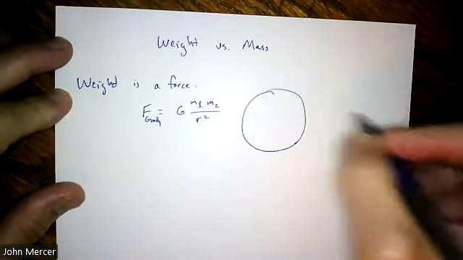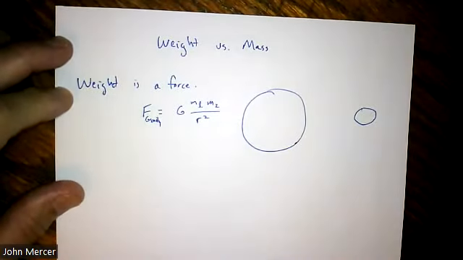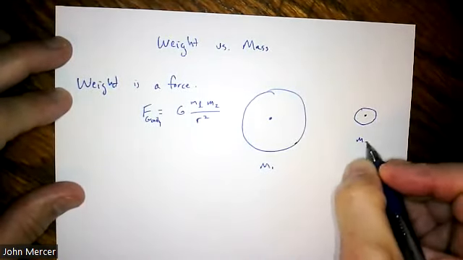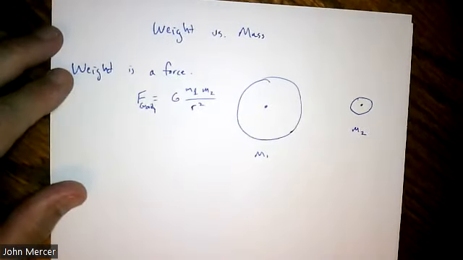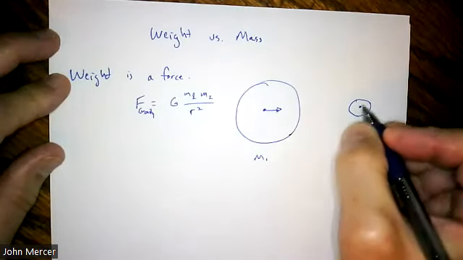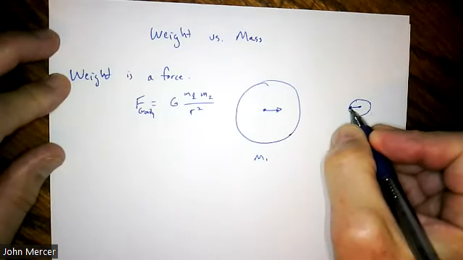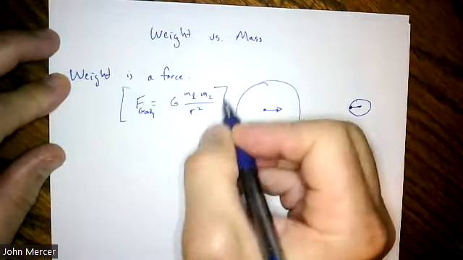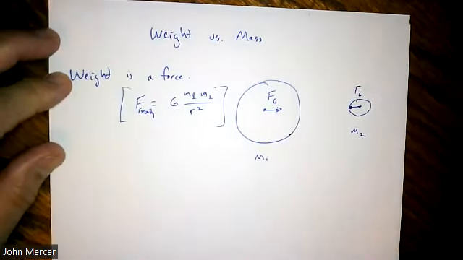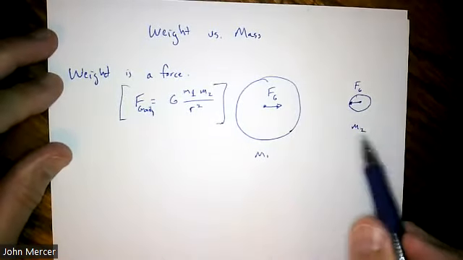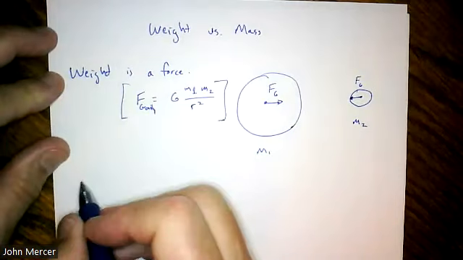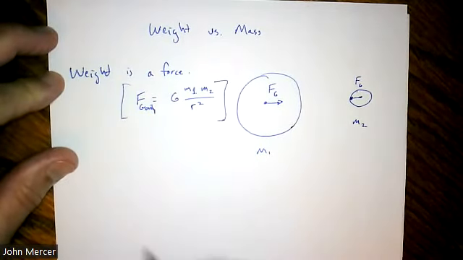And so the idea is, if we have two masses, M1 and M2, these two masses attract each other with a force that's equal to this equation. That's the force due to gravity. All right, so these two objects are trying to attract each other. So that's the background in terms of what weight is.